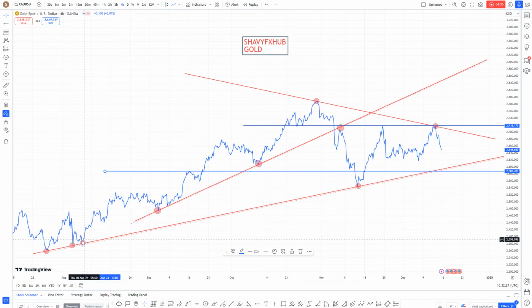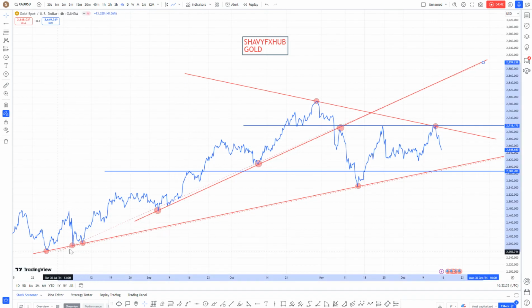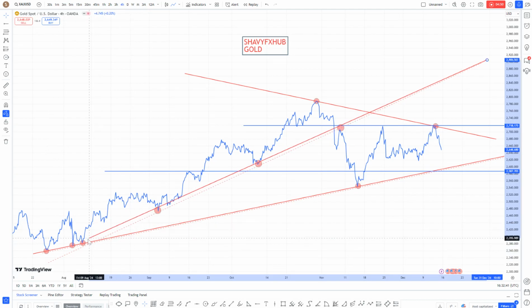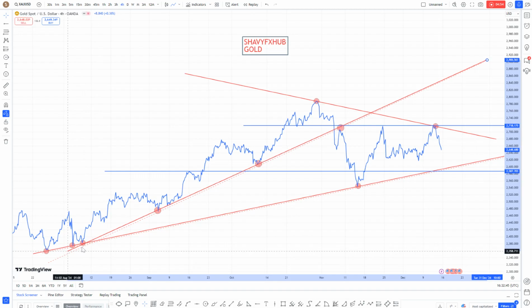You can see the ascending trend line starting from here.